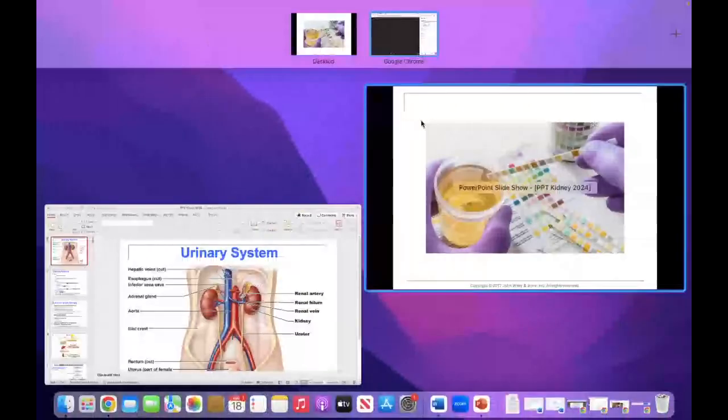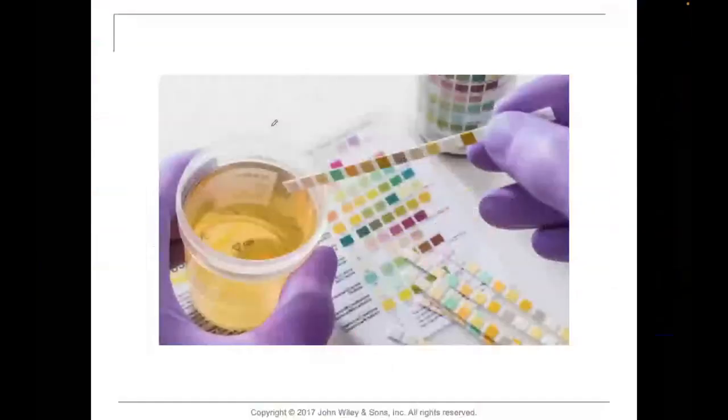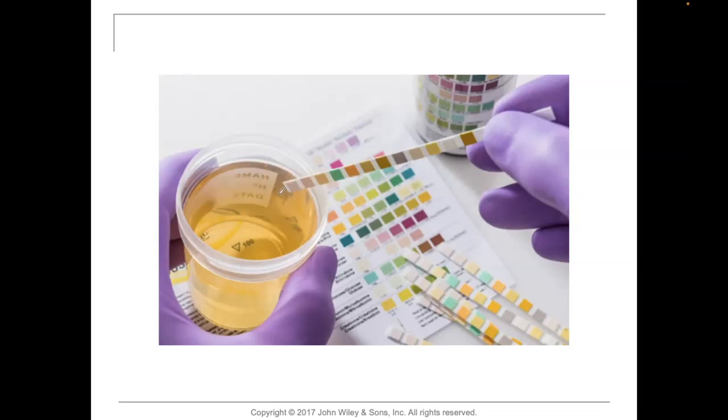Linder. Let's take a look at the urine analysis, just some basics about it to give you a little bit of an understanding of what's being measured here. Typically, how it's done in most clinics or walk-in clinics is the clinician will ask the patient to urinate in a cup, and then the clinician is going to take this dipstick that has different litmus paper that is sensitive to different things.